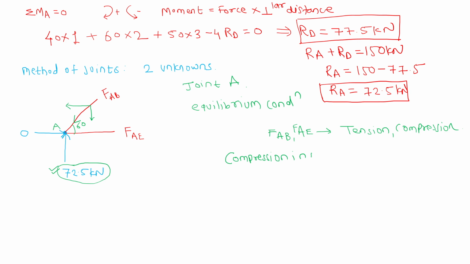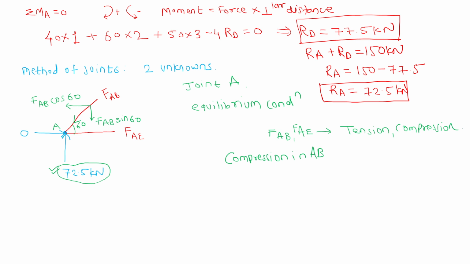In AB, we will assume compression in AB. Okay, so this force will become FAB sine 60, and this will become FAB cos 60.